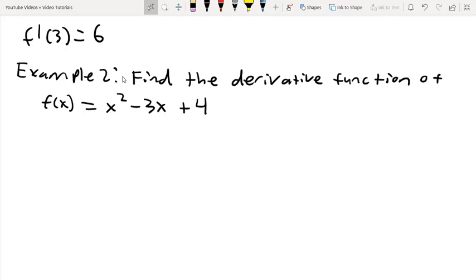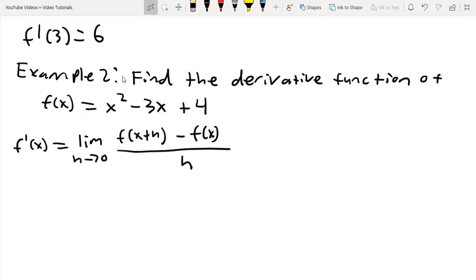In other words, find the function which will give you the rate of change at any point on f of x. Well, we know that the derivative function f prime x is equal to the limit as h approaches 0 of f of x plus h minus f of x all over top of h. H is the little delta x. It's the amount to the right of our function that we're going to go.